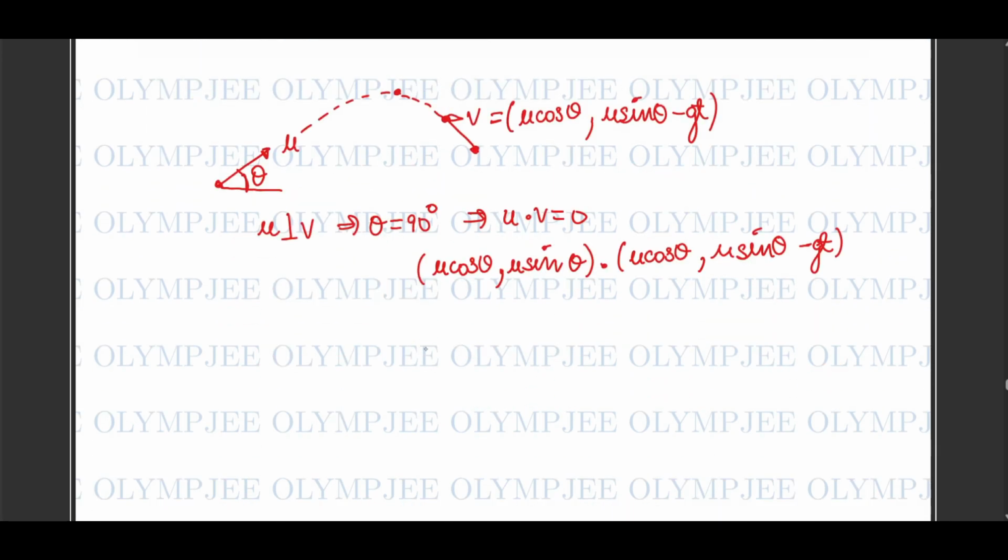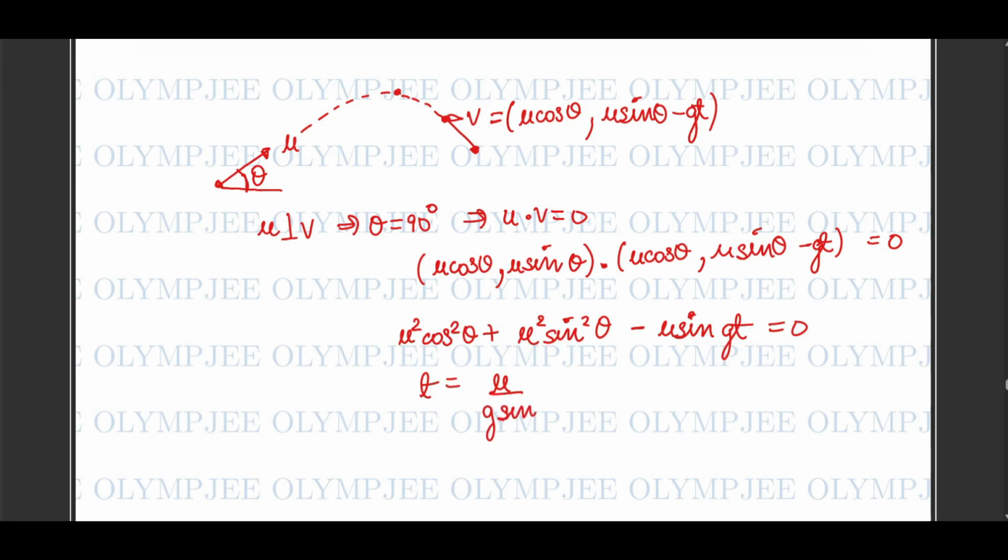So taking the dot product, I hope you know how to take dot product, this should be equal to 0. So from here we get that the time is u by g sin theta.